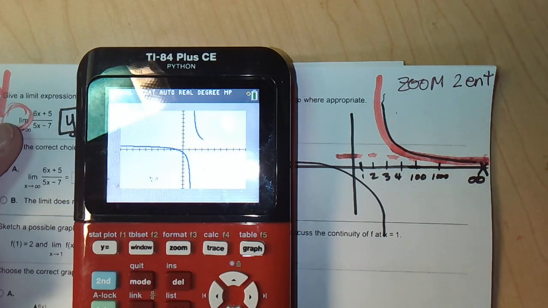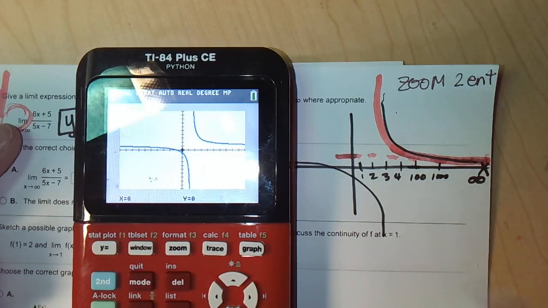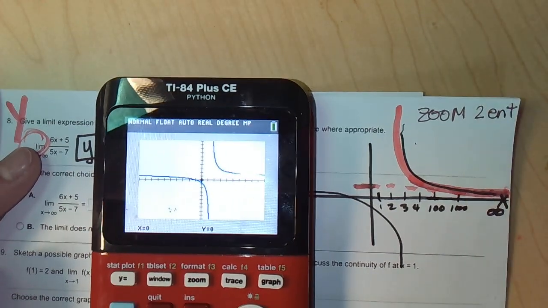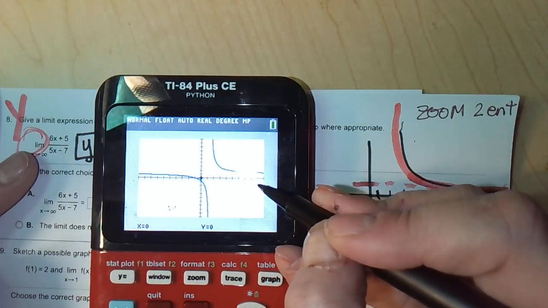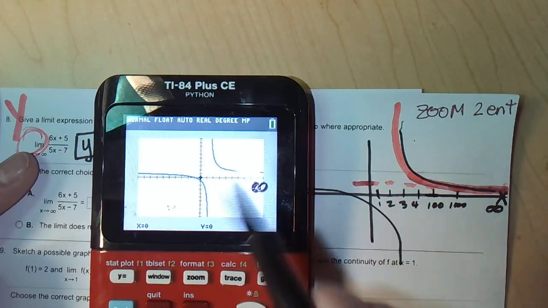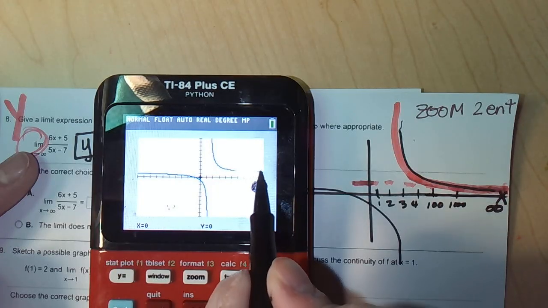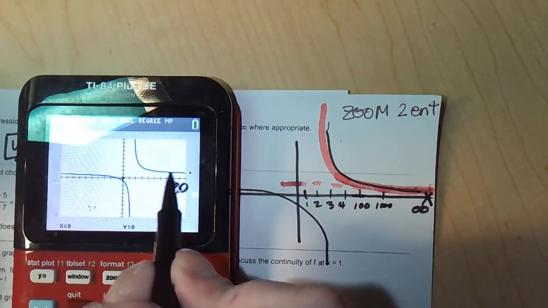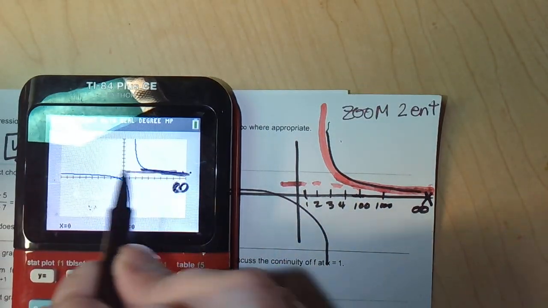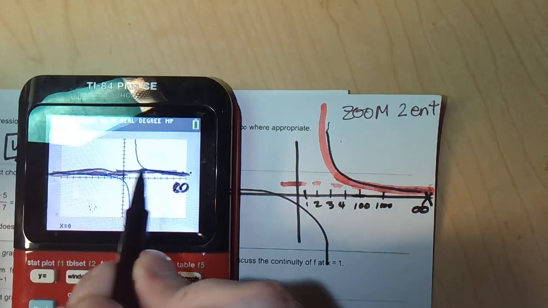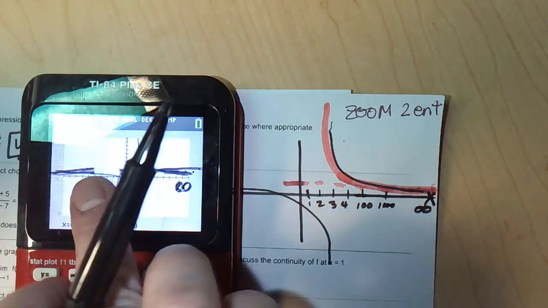All right, this is better. And I want to know, when x is infinity over here, what is the y value of this curve? You see it? So what is that y value?